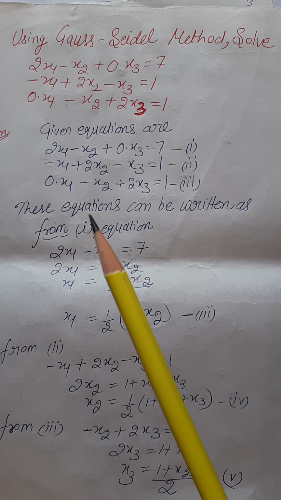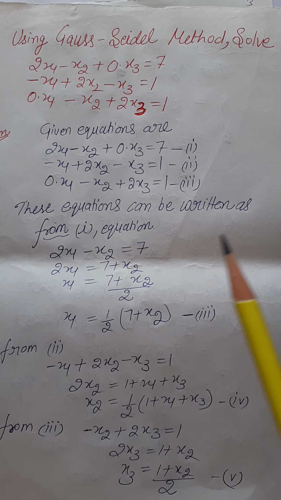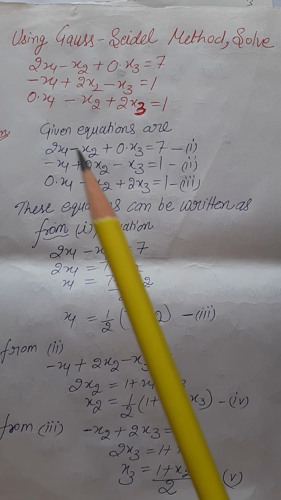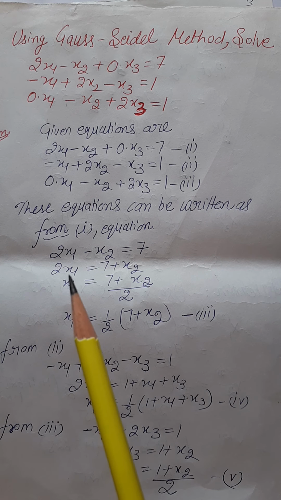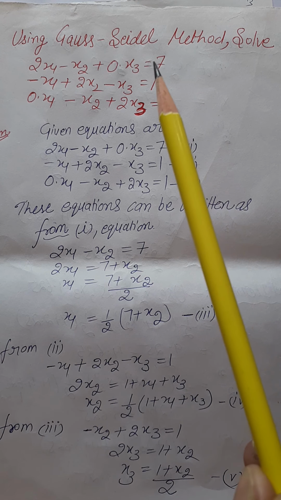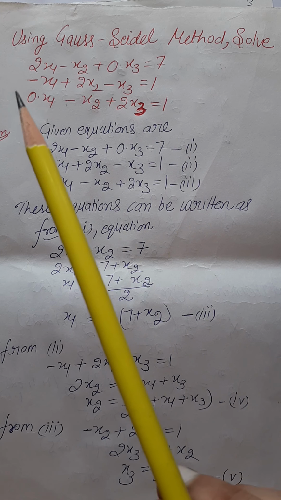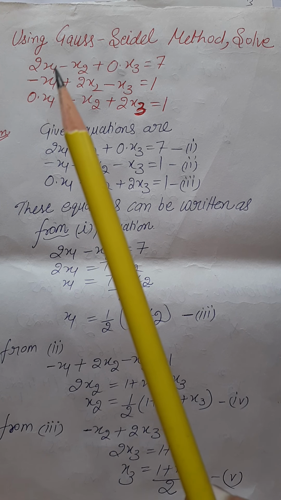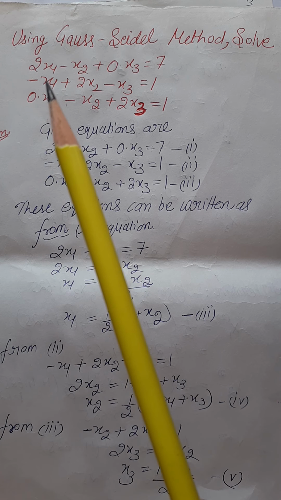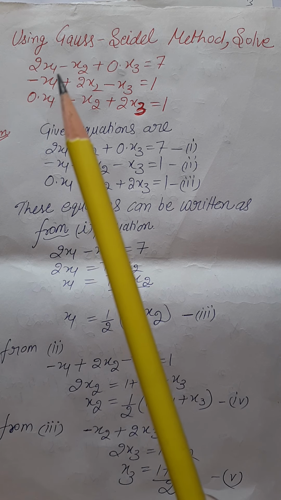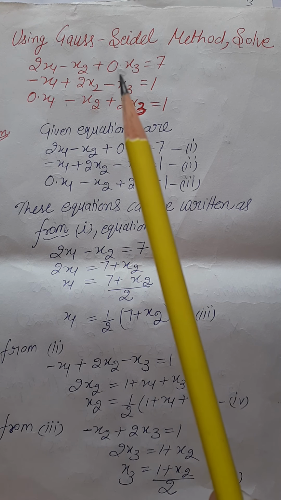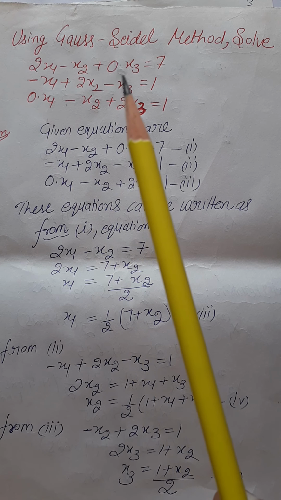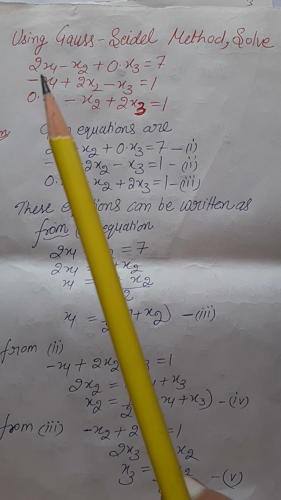Now, these three equations can be written as follows. From the first equation, we take the value of x1, because in our first equation we see that the largest coefficient is 2, the coefficient of x1. We have three variables x1, x2 and x3, and the largest coefficient of these three variables is 2.